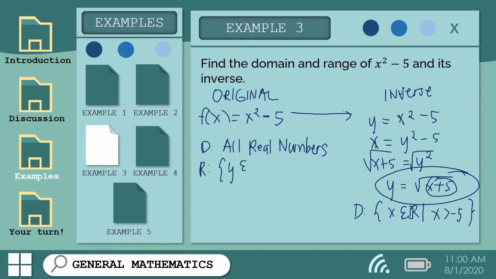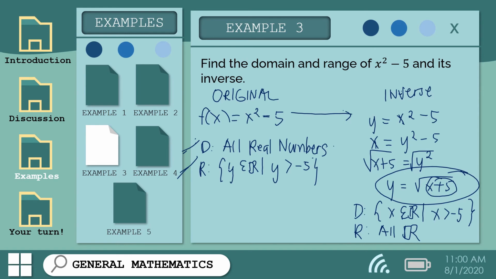These are the real numbers greater than negative 5. Ayan. At syempre, since may domain na tayo sa original function, alam na rin po natin yung range ng ating inverse, which is all real numbers din po. Ayan. Para ma-identify yung domain at range ng inverse function, pagbaliktarin lang po natin ang domain at range ng original function. Ayan. So, bali ganun lang naman po siya.